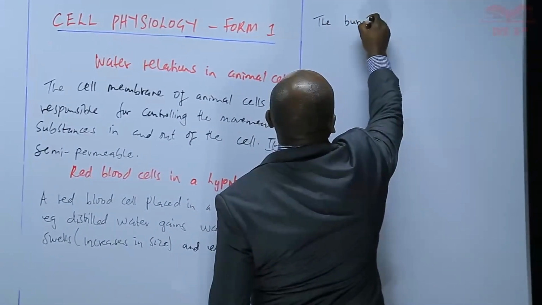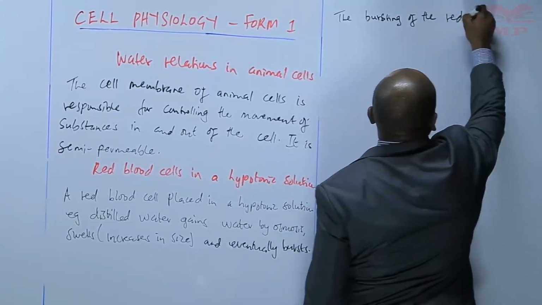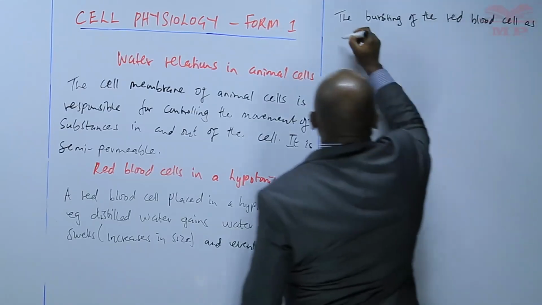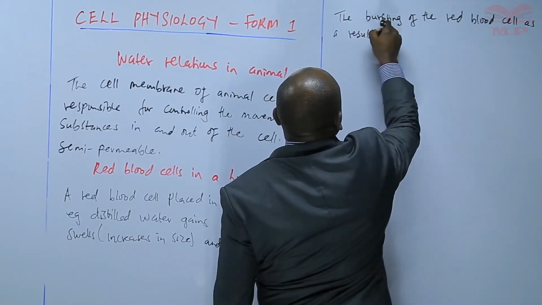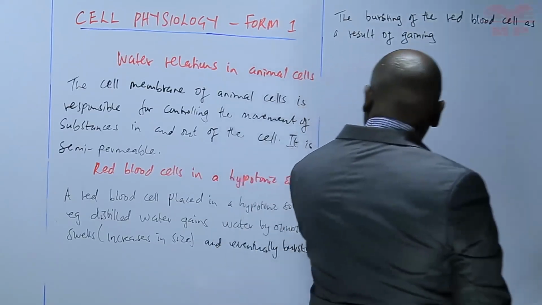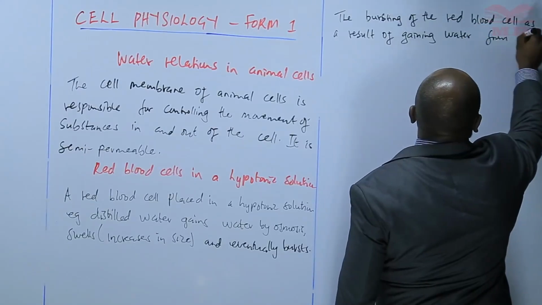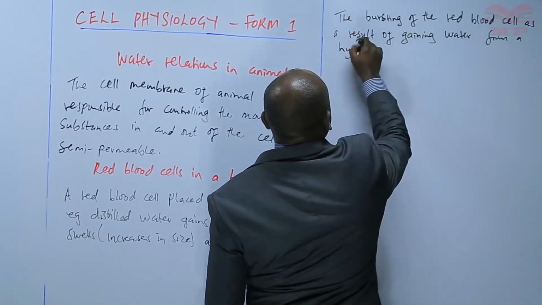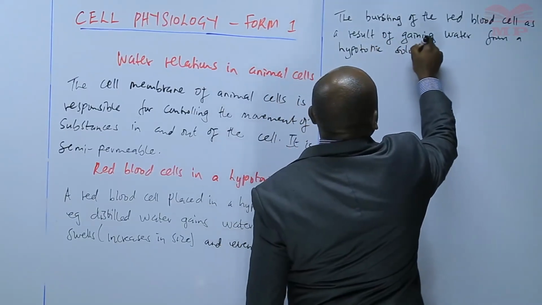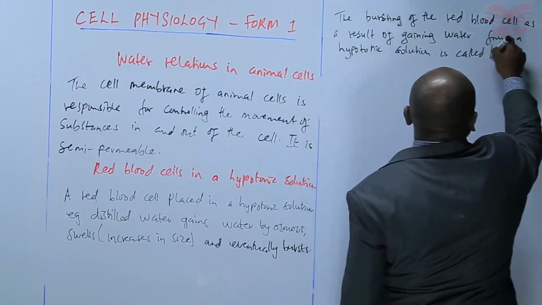So the bursting of the red blood cell as a result of gaining water from a hypotonic solution is called haemolysis.